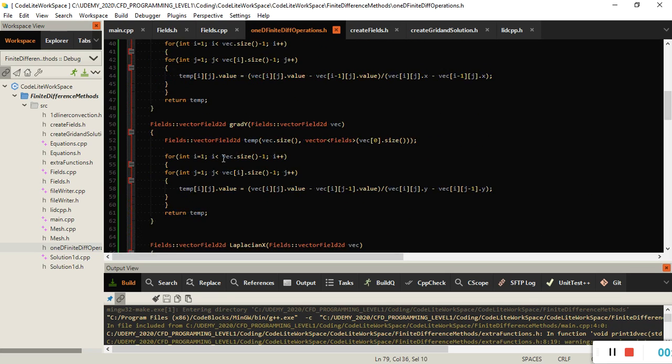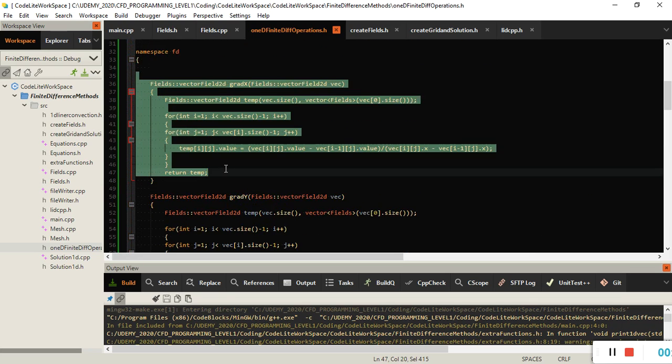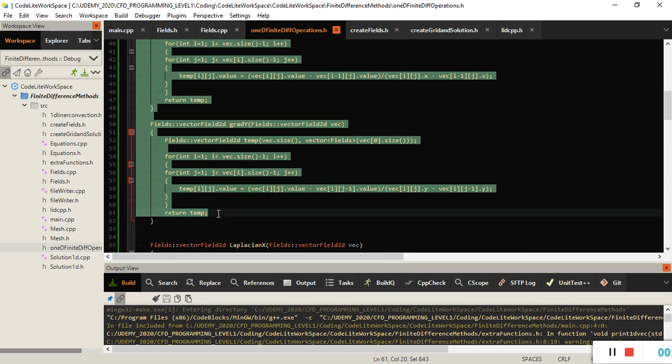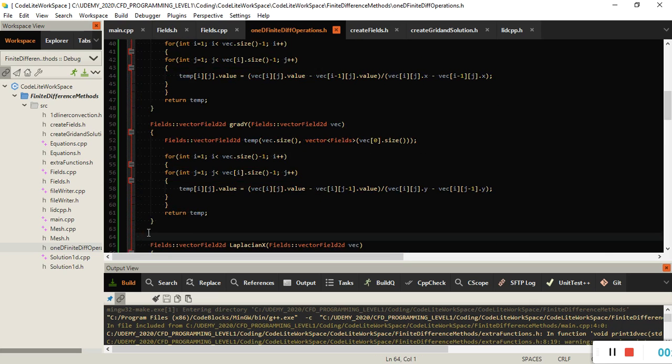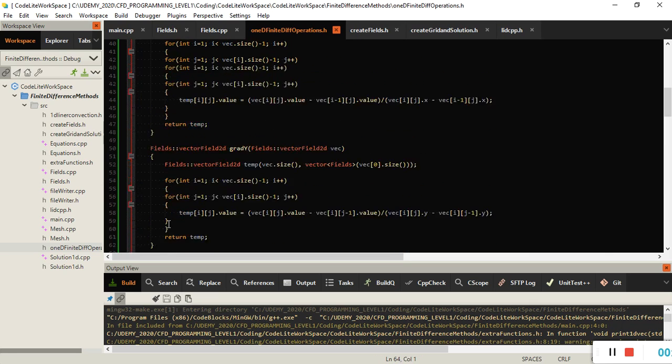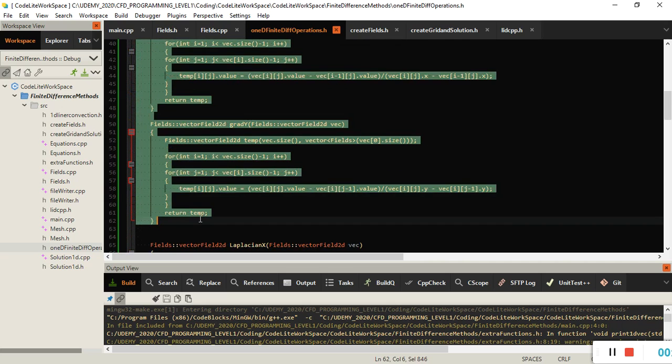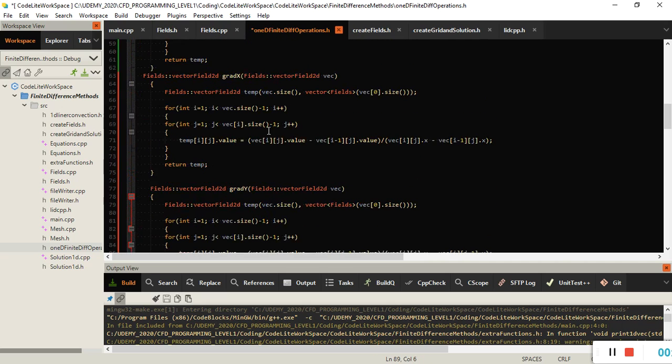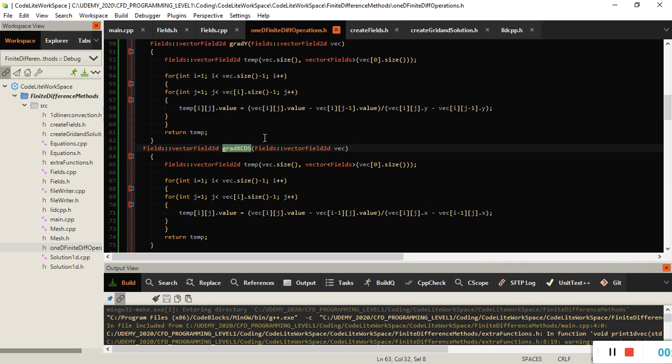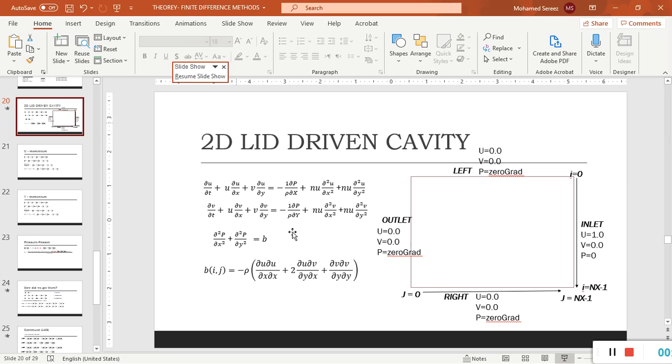Now we have to write another two terms which also determine the gradient, but the gradient with central difference approximation. This is what we need. It's quite simple, and we need this for these terms.